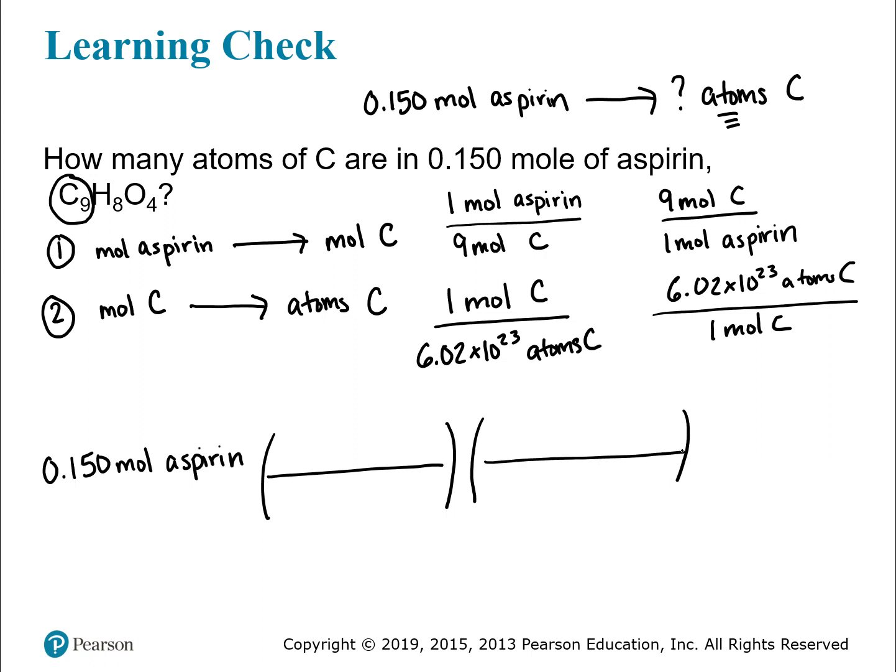I like to write my plan of what units I should be getting to above my equation. Starting with moles of aspirin, after our first conversion factor, we should be at moles of carbon. And after the second one, we should be at atoms.